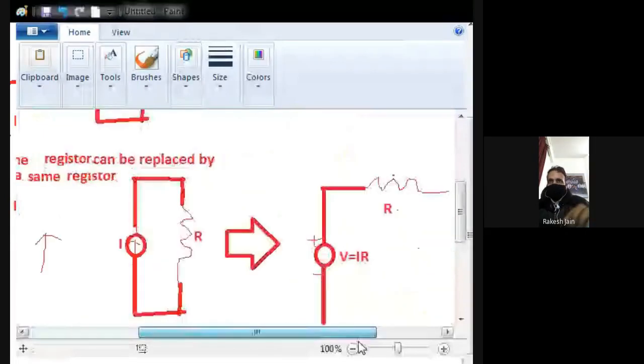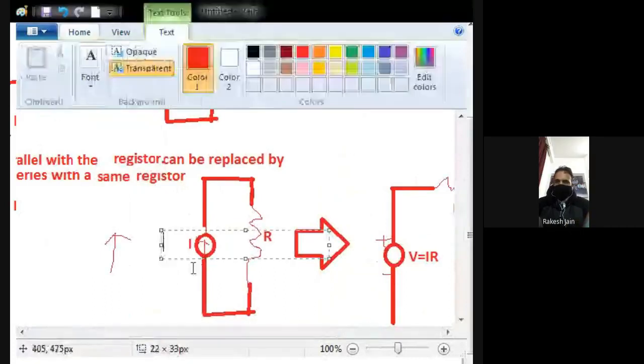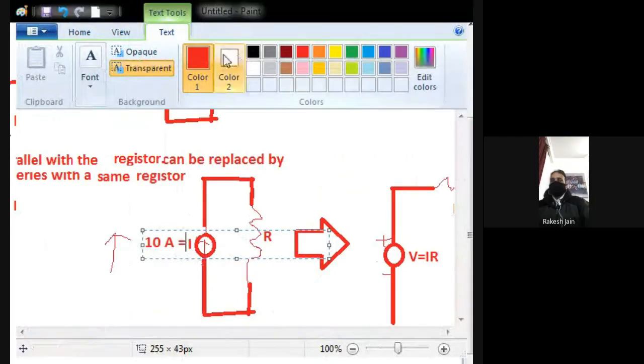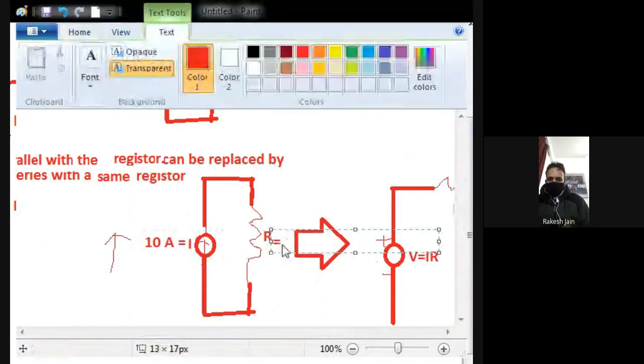So let's take an example, then we will go for the numerical. Suppose I have a current source whose value is 10 ampere. Remember, the unit of current is ampere, milliampere; volt is the unit of voltage; and ohm is the unit of resistance. Suppose the resistance is 5 ohm.